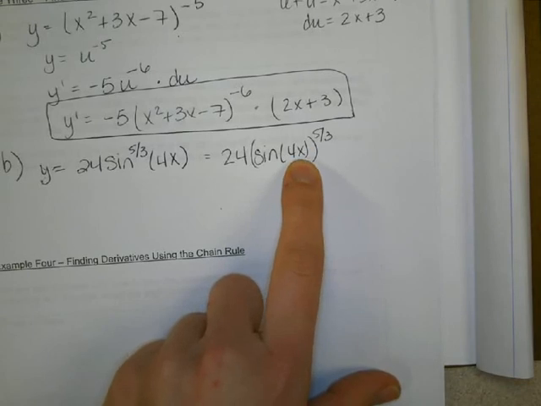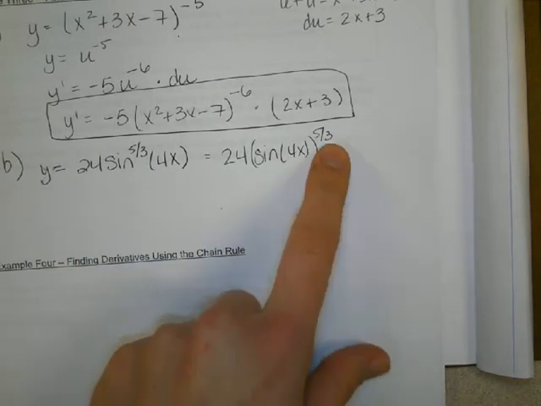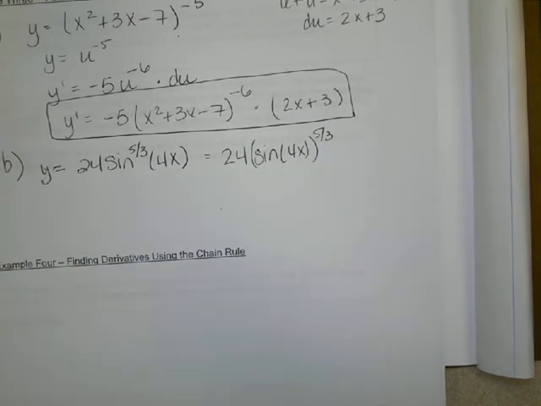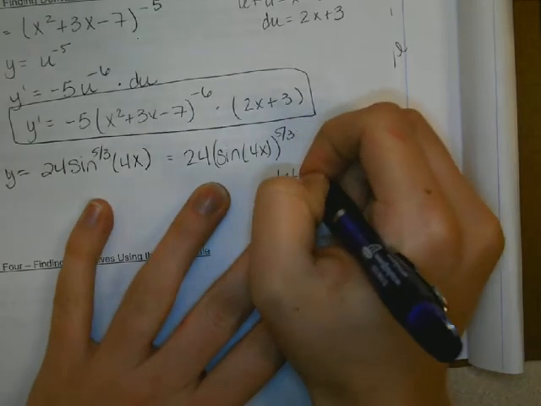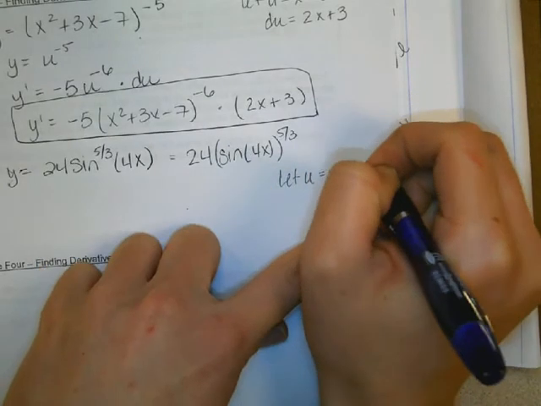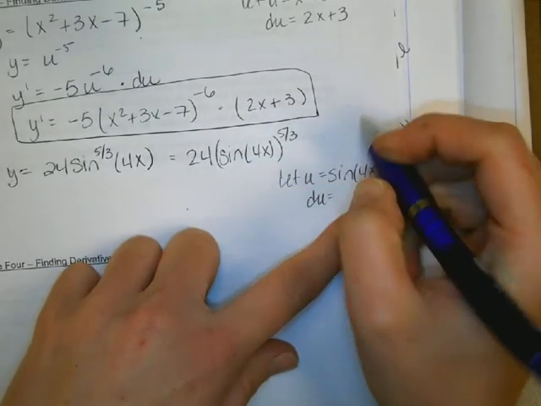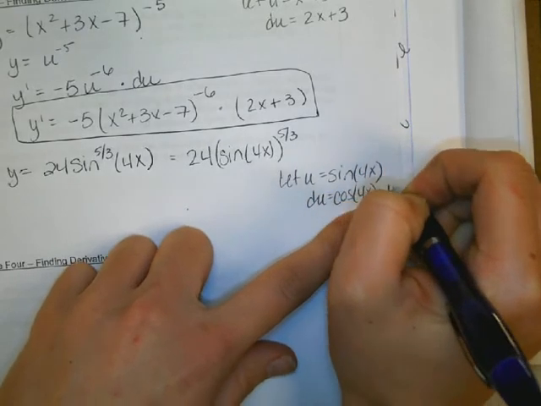So, knowing that, we're going to work piece by piece. You start with the outside function, and so maybe I'm going to let u be my inside function. My inside function is that sine of 4x. Then my du is going to be cosine of 4x times 4.